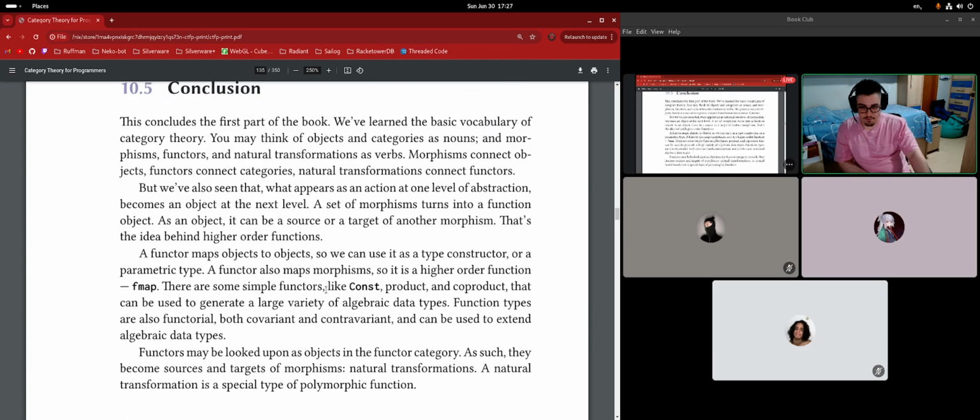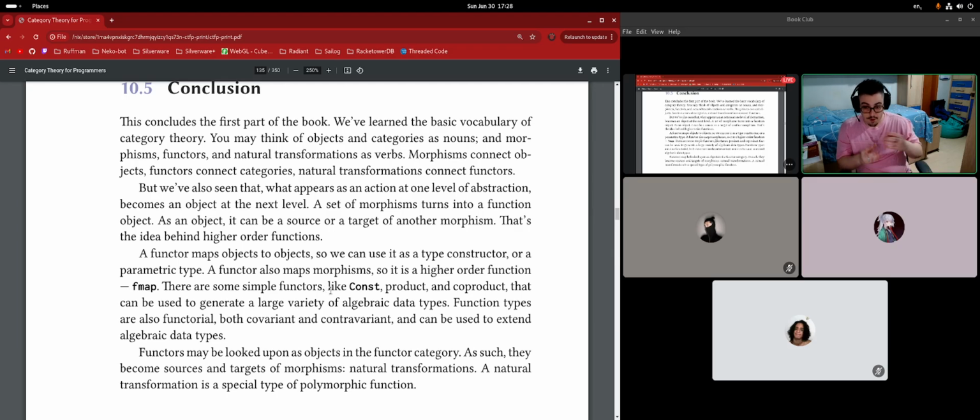A functor maps objects to objects, so we can use it as a type constructor or a parametric type. A functor also maps morphisms, so it has a higher order function called fmap. There are some simple functors like const, product, coproduct that can be used to generate a large variety of algebraic data types. Function types are also functorial, both covariant and contravariant, and can be used to extend algebraic data types.